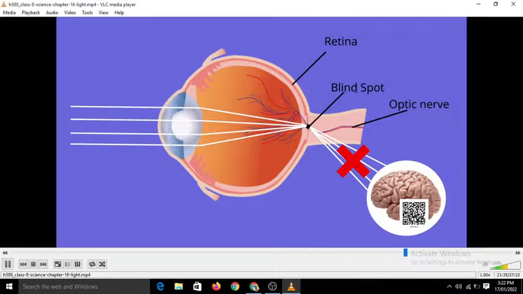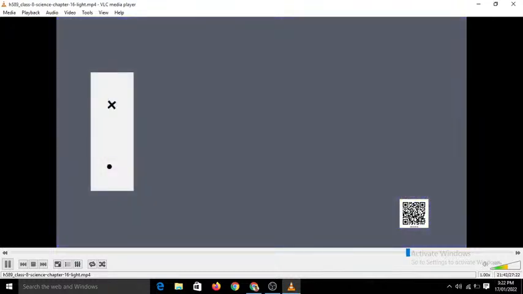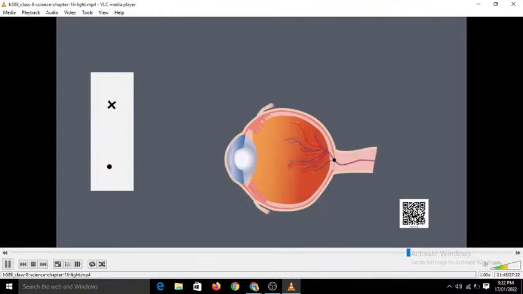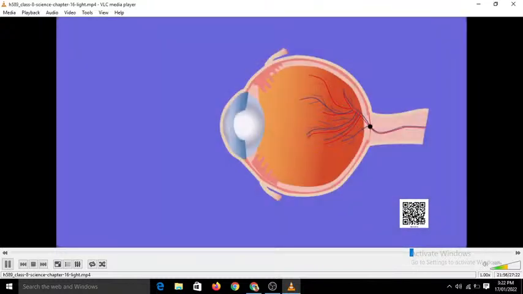There are no sensory cells, so no vision is possible at that point. That is why we are not able to see the cross or the dot from those distances from where the light rays coming from them are focused on blind spot.